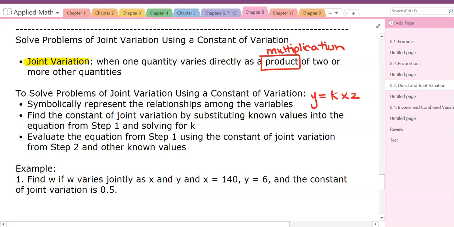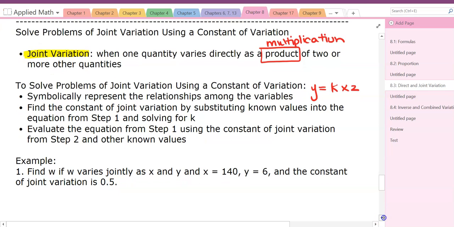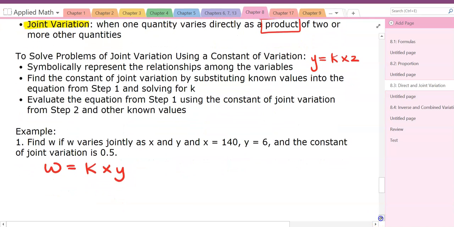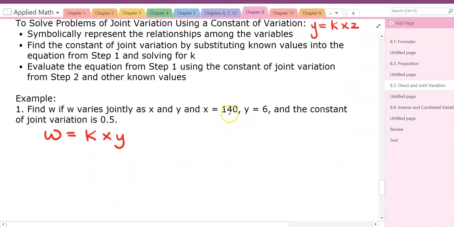Like if we look at this first example here, it wants us to find w if w varies jointly as x and y. So they've changed the letters a little bit. So instead of doing y equals kxz, it would be w equals kxy, where k is still the constant. So it says x is 140, y is 6, and the constant of joint variation, that's your k, is 0.5.